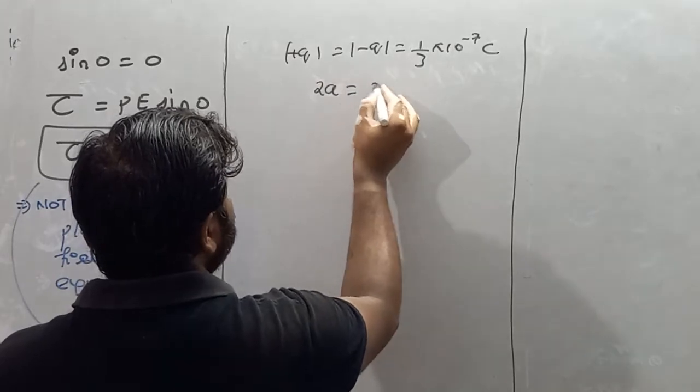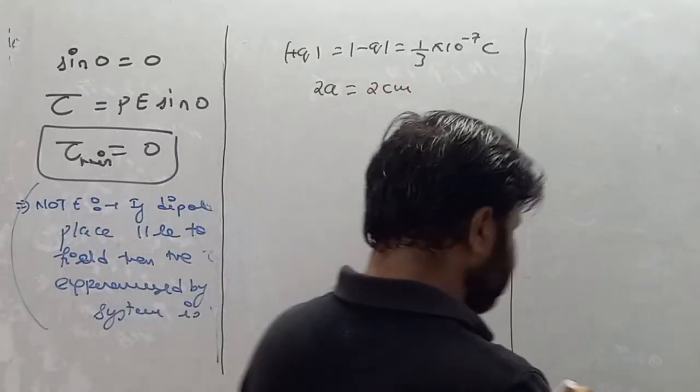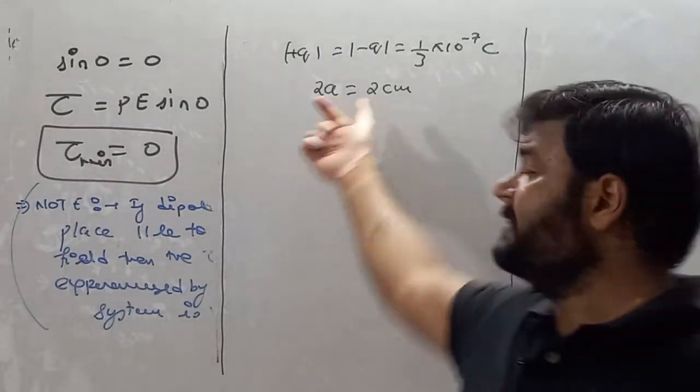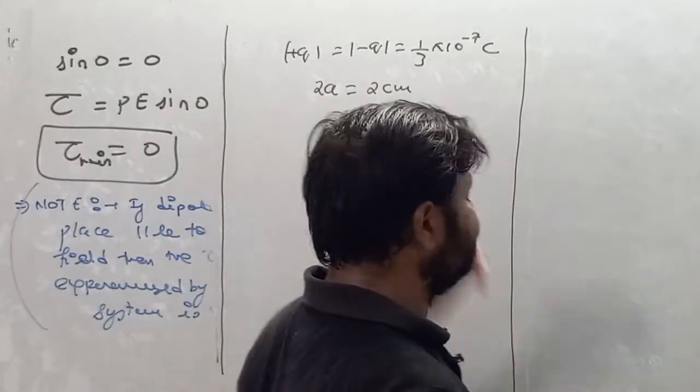That is, the value of 2A is 2 centimeter, because we are taking the distance between charges in the dipole system as 2A.